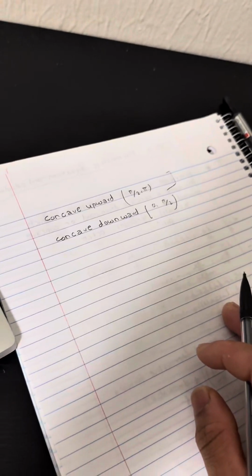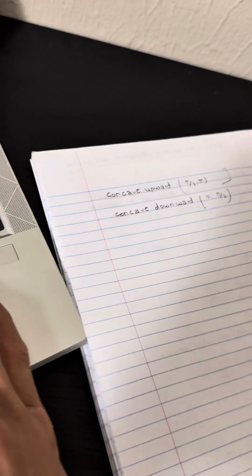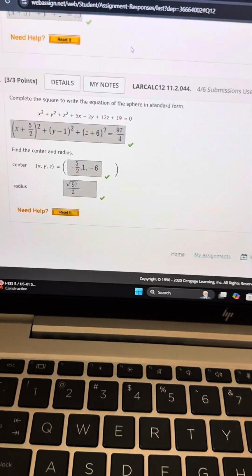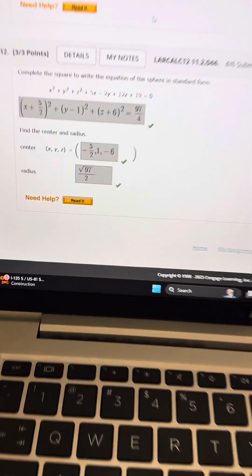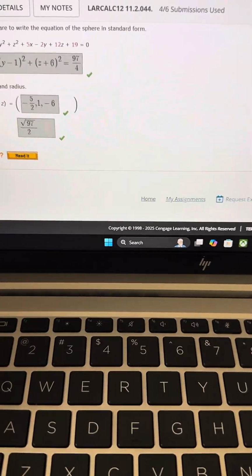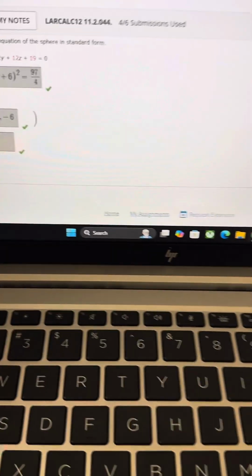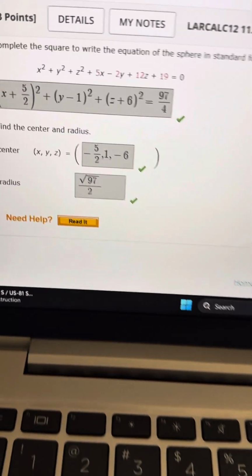This is the presentation for problem 10, chapter 10, and now I'm going to show chapter 11. It's a problem from chapter 11.2, question 12.